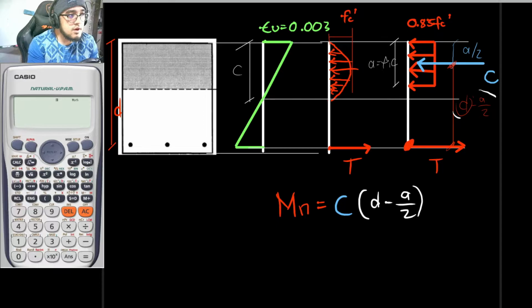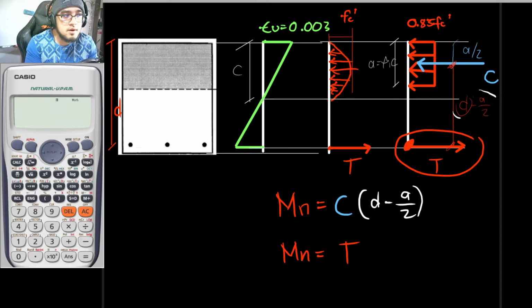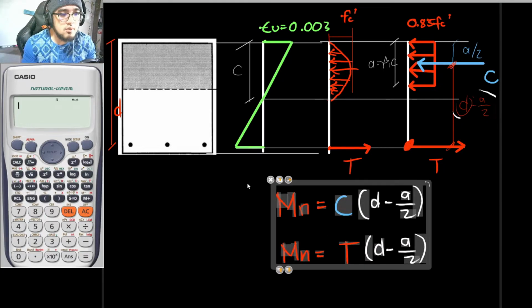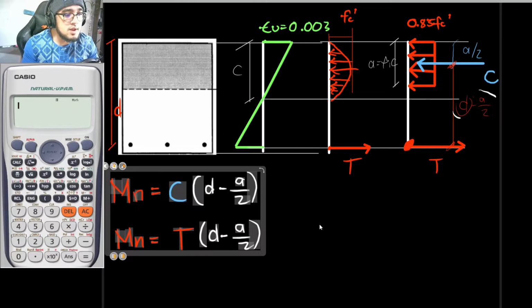Another equation is that we get the moment about the center of the resultant of your pressure, which is equal to tension, T, the force times the lever arm, and that is also D minus A over 2. So basically, this is the equation for our nominal strength.